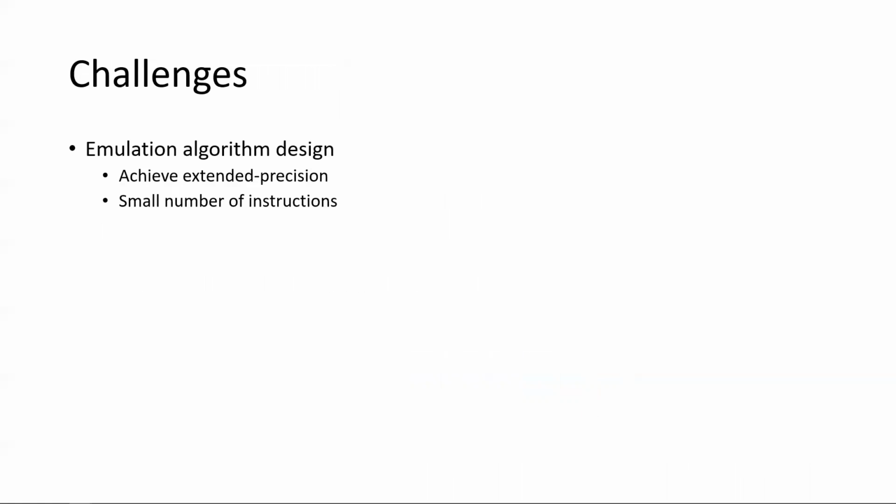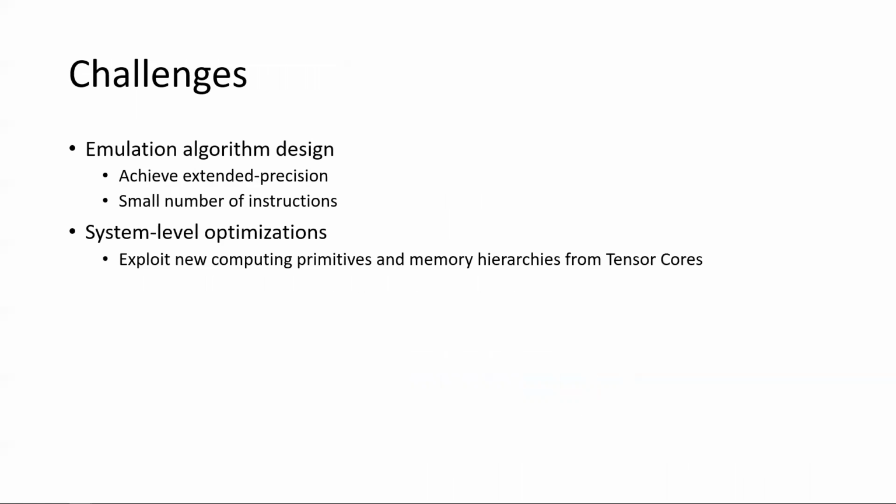There are several challenges in emulation on tensor cores. First, we need some emulation algorithm design. We need to achieve extended precision with a small number of instructions. Once we have this emulation algorithm design, we also need the system-level optimizations to efficiently map the workload to tensor cores.